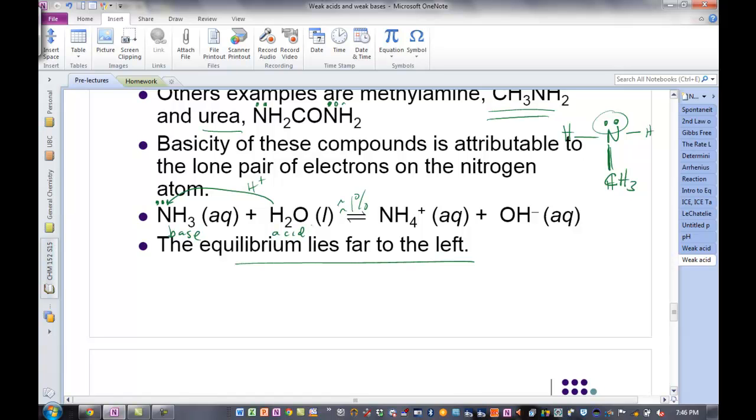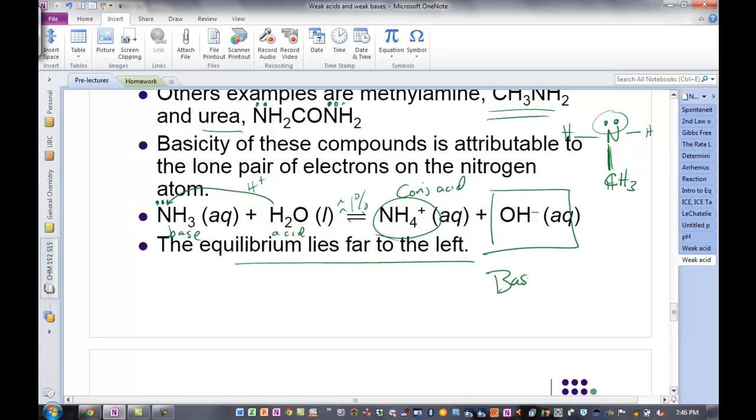So depending on what we dissolve in the water, sometimes water functions as an acid, sometimes it functions as a base, depending on what we dissolve in it. And when ammonia accepts an H+, we produce its conjugate acid. It has one more H+ than the base part of that pair. But more importantly, look at what we produce.